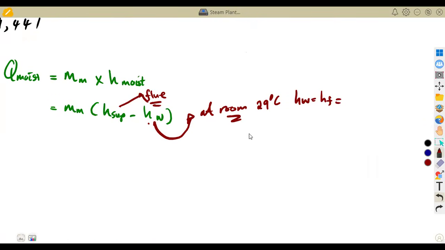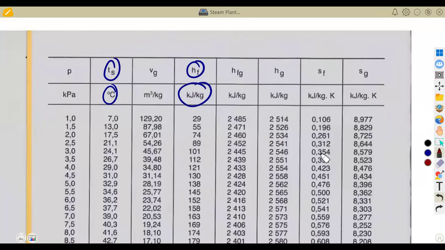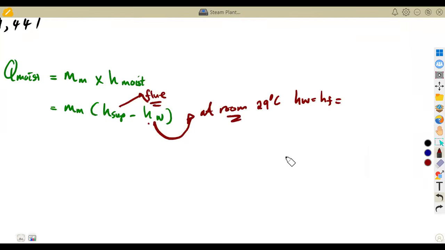What is our HF there? At 29 degrees Celsius, our HF corresponds to 121 kilojoules per kilogram.